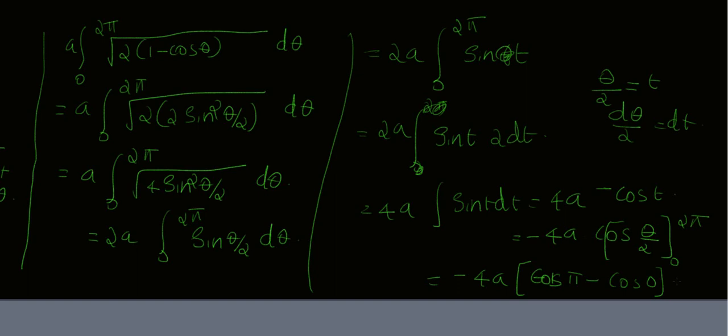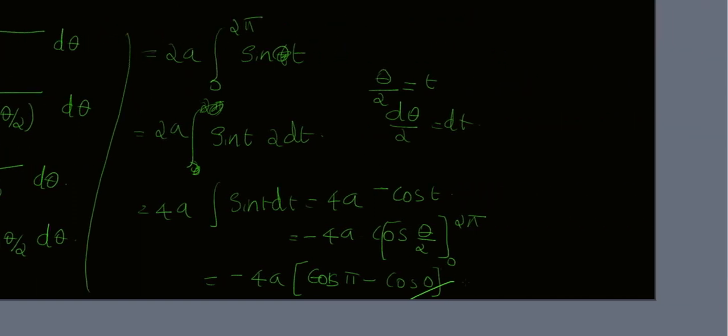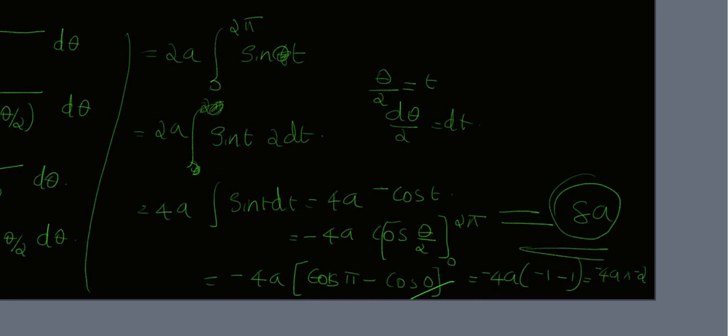What will be the answer? Cos pi is minus 1, so that's equal to minus 4a into minus 1 minus 1. So it's equal to minus 4a into minus 2, which is equal to 8a. This is our answer.